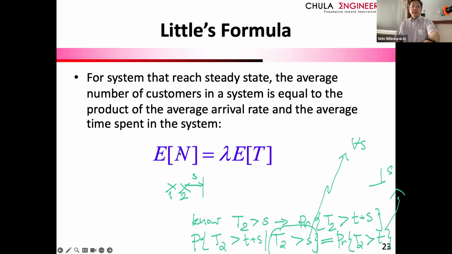Remember, this is the average number of customers. So if the incoming rate is lambda customers per second, then T should be the average time each customer spends in the system, right? Because if that is the average time, and I multiply by lambda, it should be the average number of customers in the system.